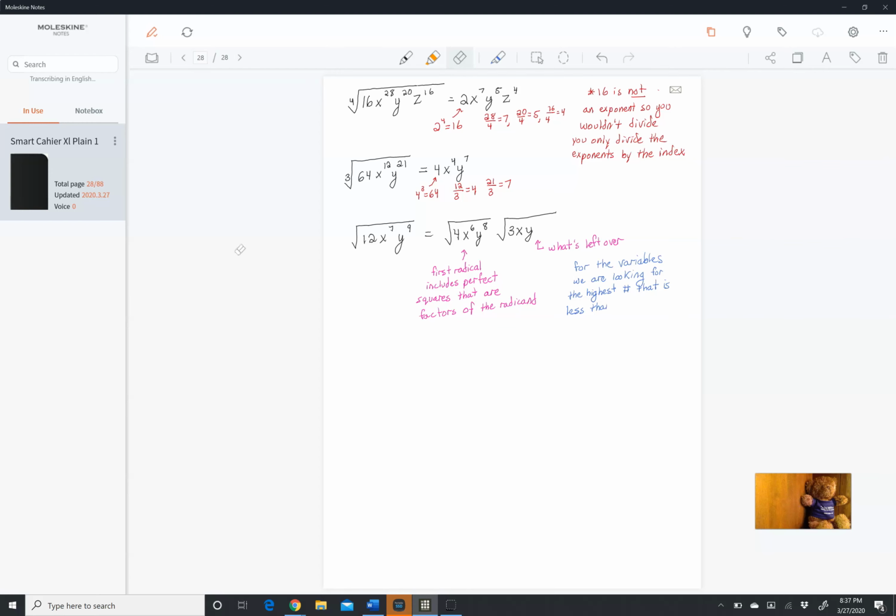So it might be the exponent itself. And divisible by the index. This is the perfect nth root.